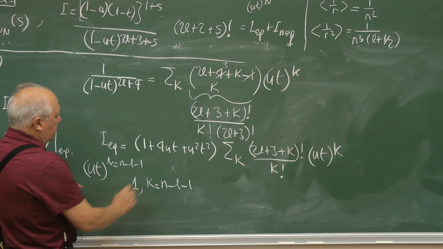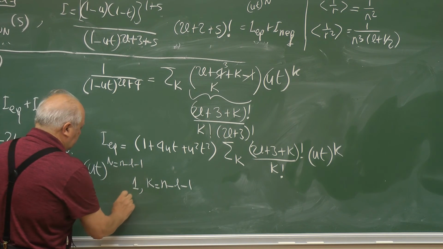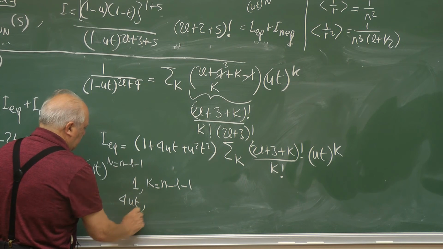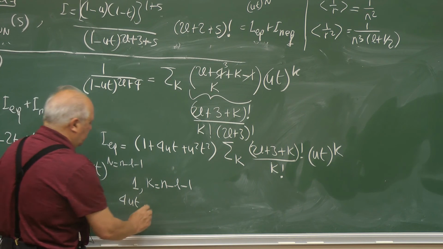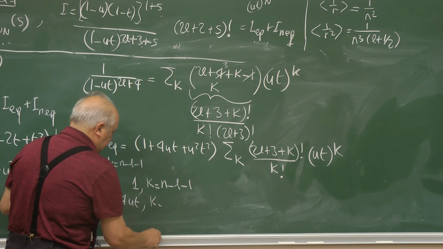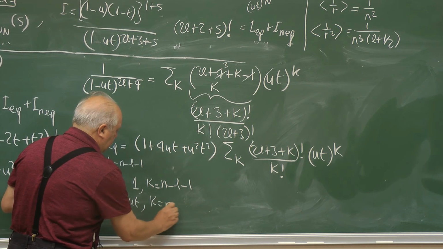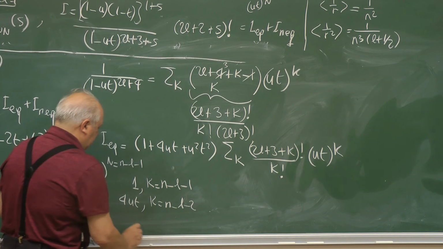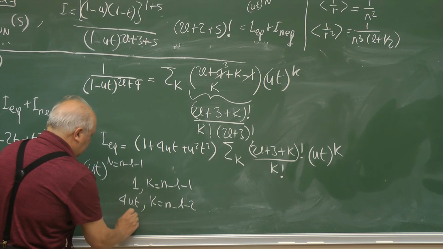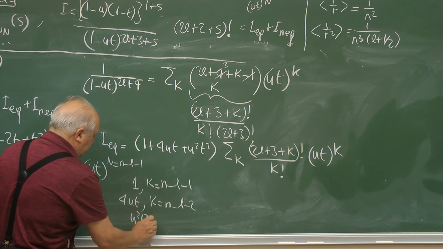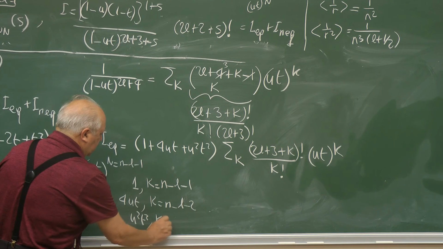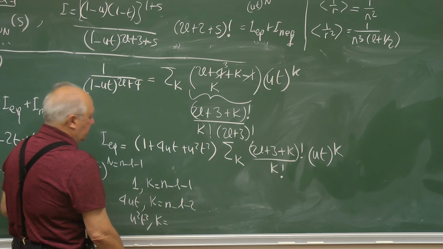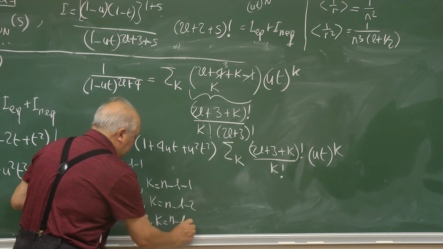Then 4ut will be associated with 1 less power, k equals n minus l minus 2. And u squared t squared will be associated with k equals n minus l minus 3.